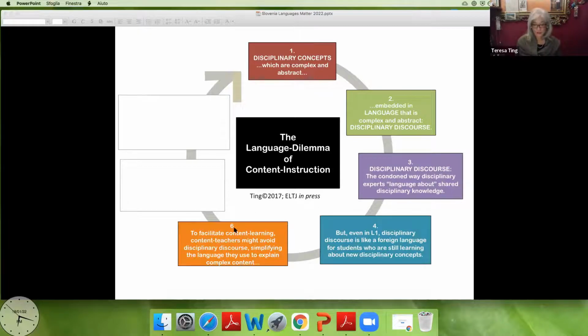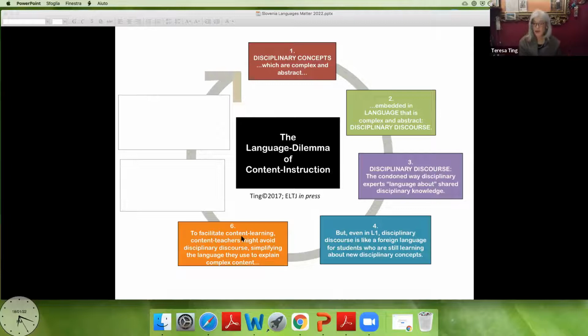Oops, I skipped a number. Point number 5. To facilitate content learning, content teachers might avoid disciplinary discourse. They simplify the language they use to explain the complex content. So teachers are aware, content experts are aware that disciplinary discourse is like a foreign language. So what do they do? They help the students understand the content by simplifying the language.